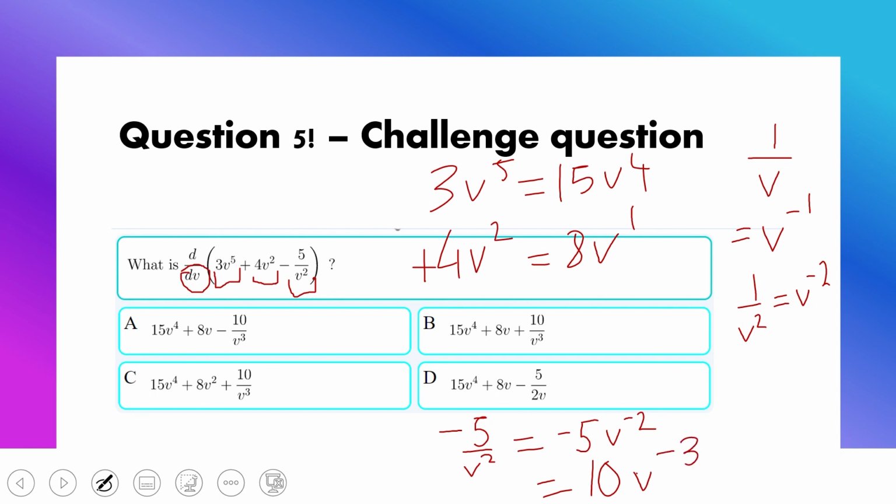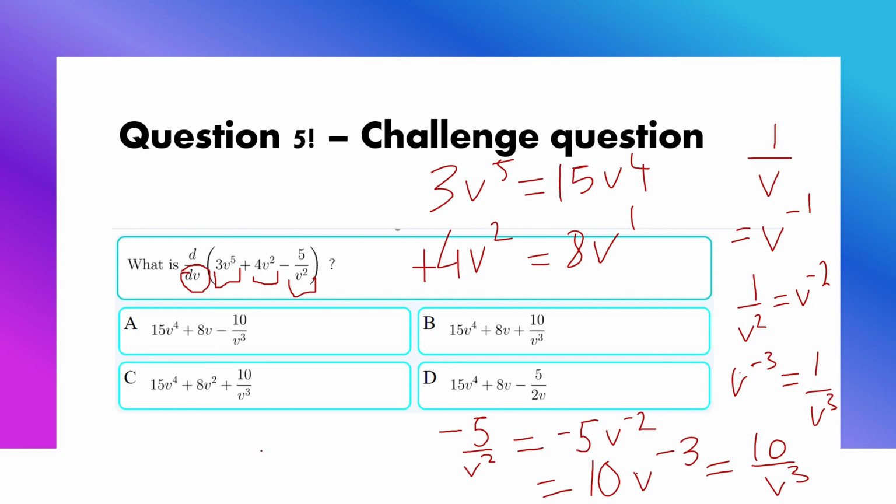So I write negative 3 here. And similarly, if you can write v to the negative 2 like 1 over v squared, you can write v to the negative 3 as 1 over v to the power of 3. Right? So this can be just 10 divided by v cubed.